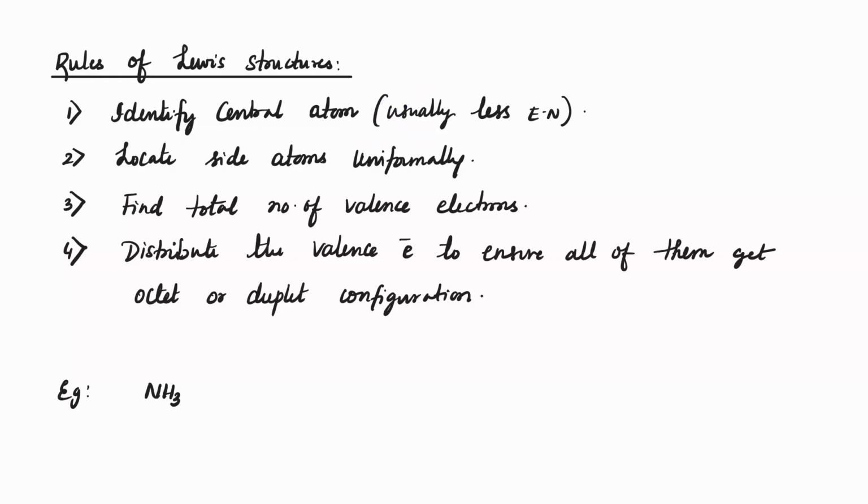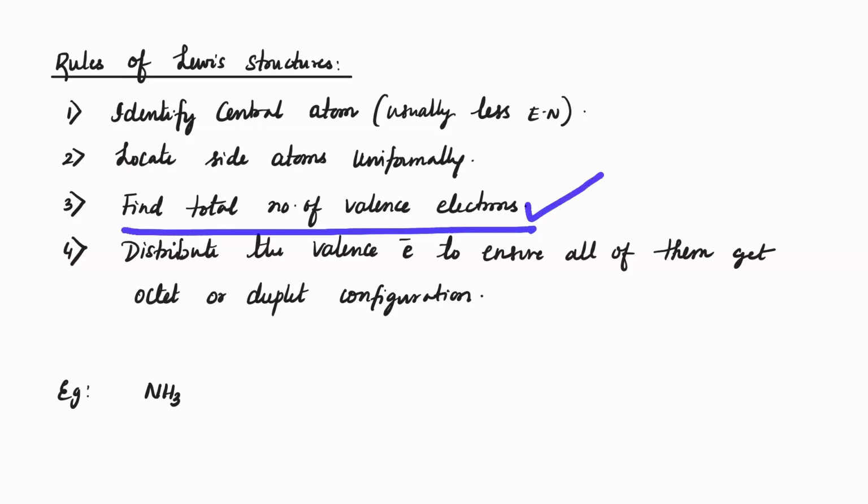Second, locate the side atoms uniformly. That means you have to start identifying the side atoms which are connected to it and keep them as uniform as possible. Find the total number of valence electrons present.